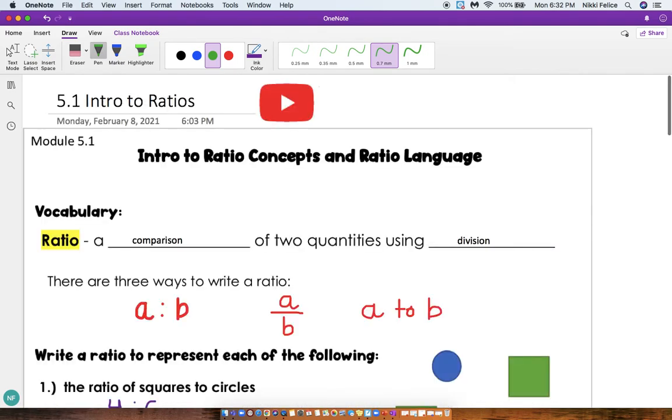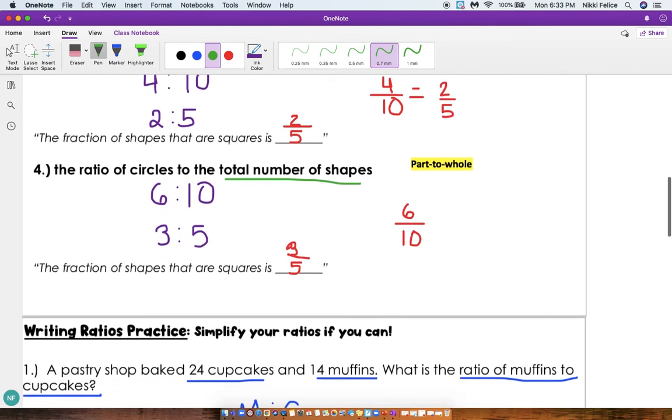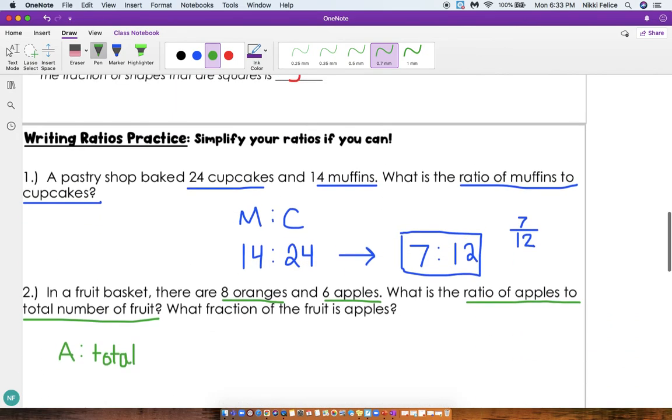So the apples to the total. Well, there are 6 apples. And then the total number of fruit, 8 oranges plus 6 apples, is a total of 14 pieces of fruit. So my ratio is 6 to 14. And of course, we can simplify 6 to 14.